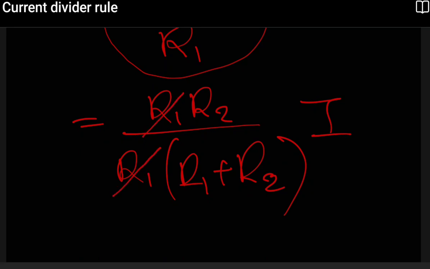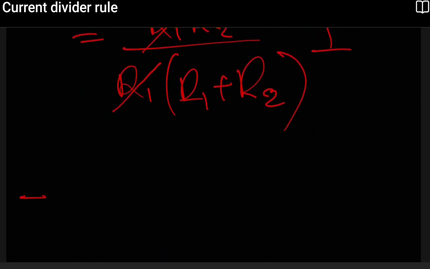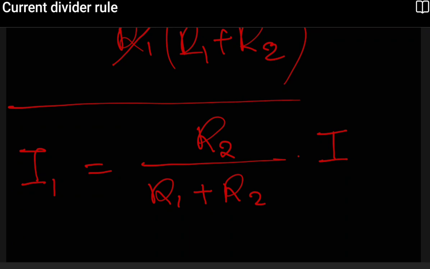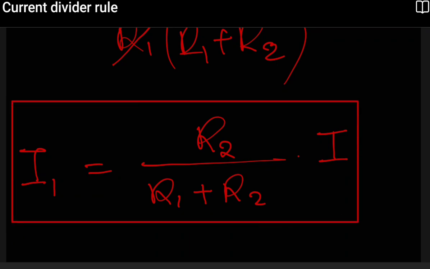R1 and R1 will divide out, leaving us with the current passing through R1 being equal to R2 divided by R1 plus R2, multiplying the total current coming from the source. So this becomes the current divider rule that we'll be using for the most part.